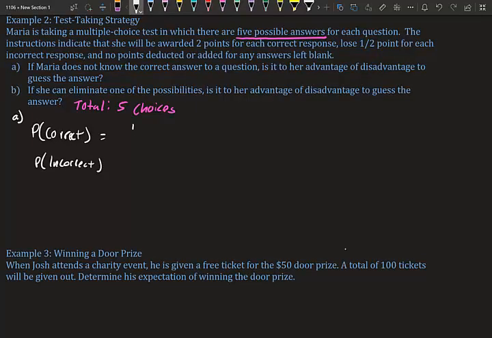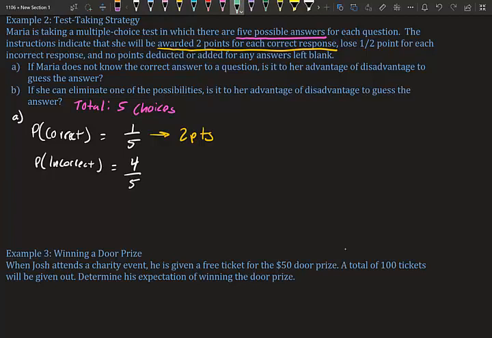So only 1 out of 5 is a correct answer. That means 4 out of 5 are incorrect answers. Then it told us that if it's correct, it's awarded 2 points. So if she gets it, that probability of 1/5, she gets 2 points.